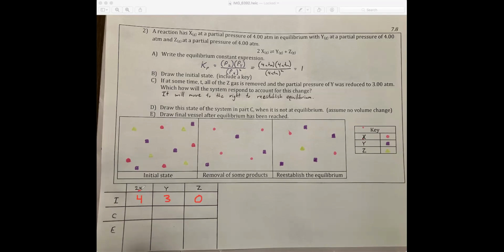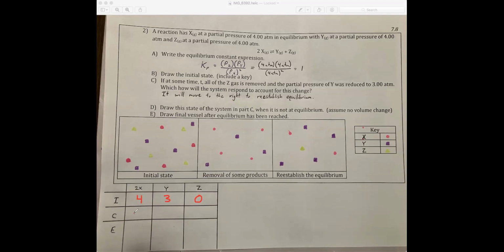I don't like the fact that they use X here because that's going to complicate things, so I might choose another variable. All right, so what's going to happen is it's going to move to the right, which means we're going to be losing some of this.